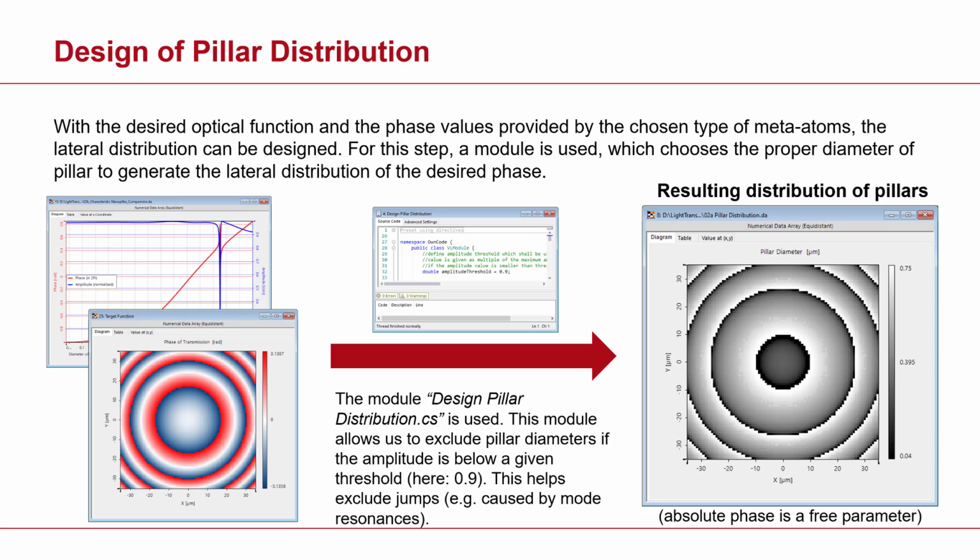The module is provided with the other sample files of this use case, so it's just a question of running it, and out comes that distribution of pillar diameters as a result. This module already makes sure that we avoid that snag, that resonance peak, when choosing the pillar diameters.